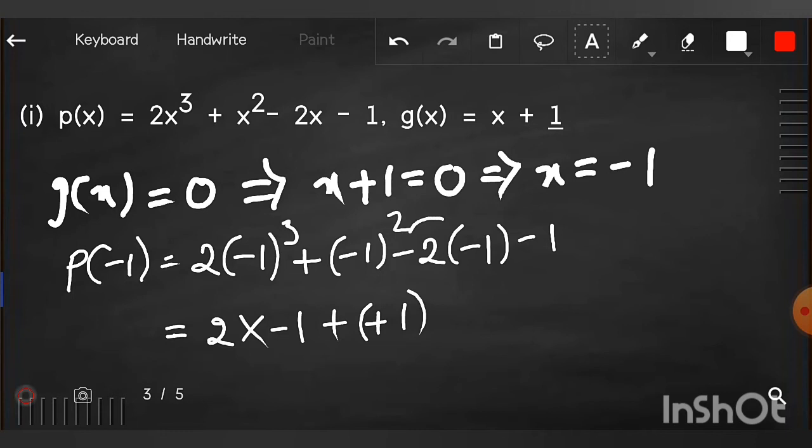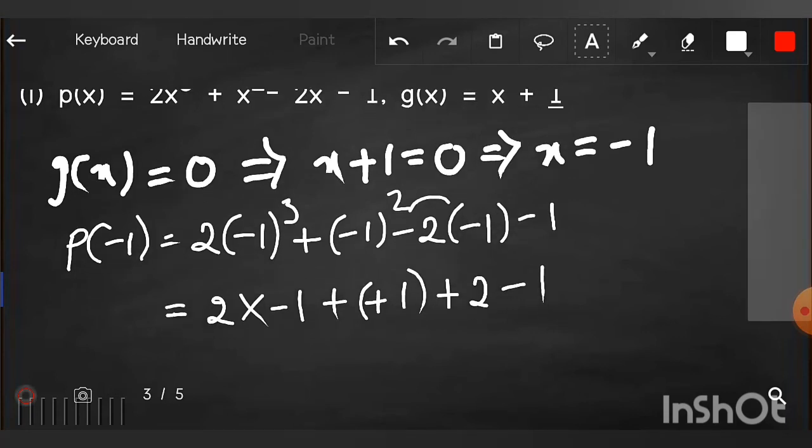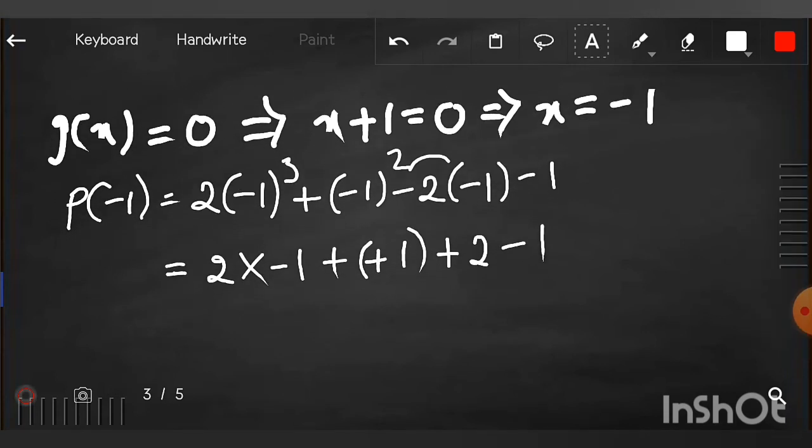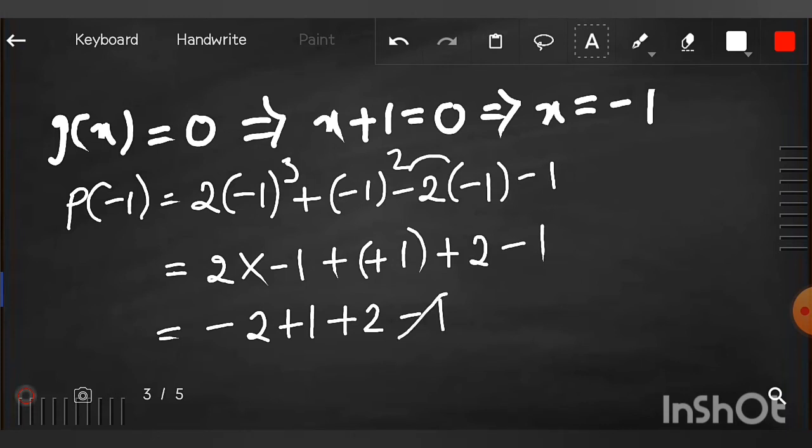Minus into minus here will give us plus 2 into 1 is 2 minus 1. Now 2 into minus 1 is minus 2, plus into plus is plus 1 plus 2 minus 1. So minus 1 plus 1 cancel, minus 2 plus 2 cancel, so the final answer is 0.